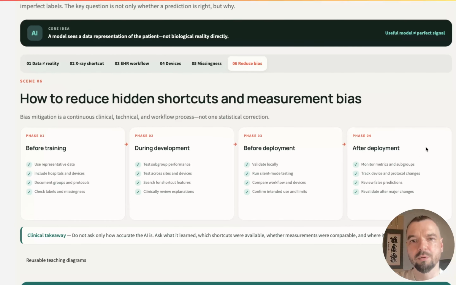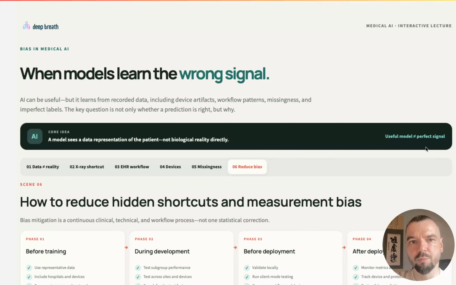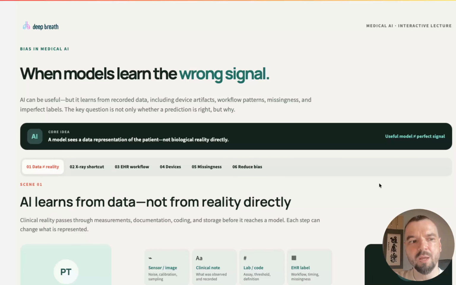So this is a really important and interesting topic. This is one of the most difficult things, to build an unbiased model, and that's the reason why we need more and more open source datasets and more opportunities to work with data from different facilities.